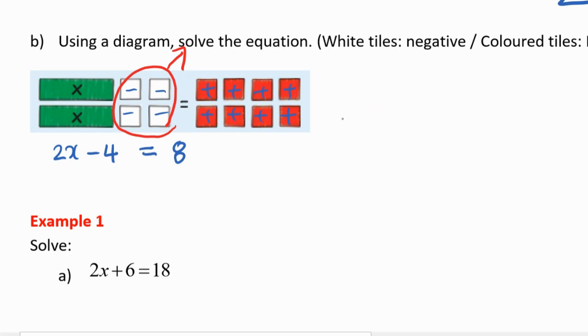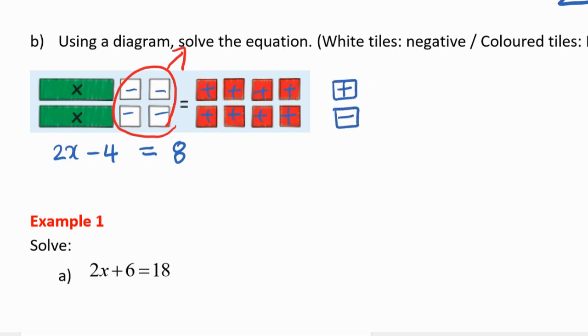And I'm going to take away 4 negative integer tiles, but I don't have them on the right-hand side. So what I'm going to do is add zeros. Everyone, when you add 0, that does nothing. That doesn't change the equation. So I'm going to add zeros.